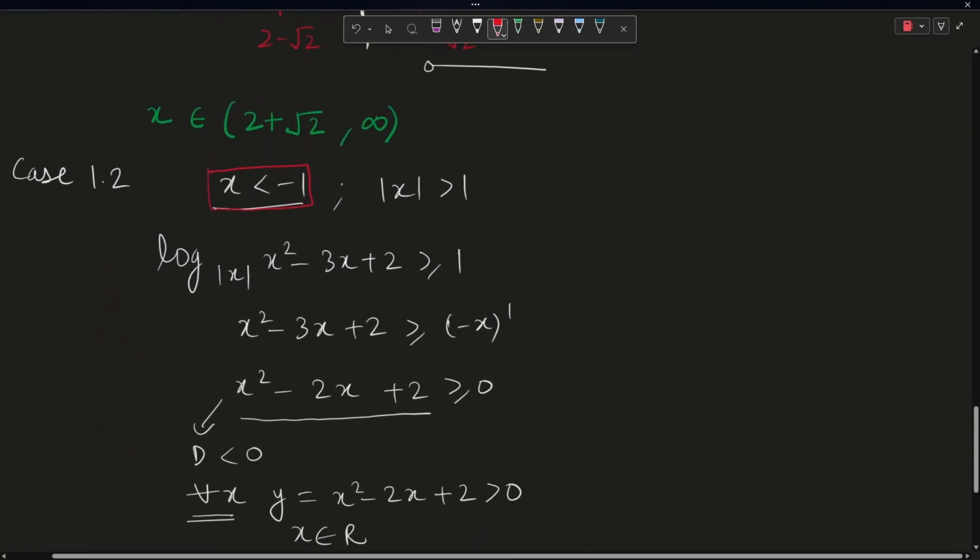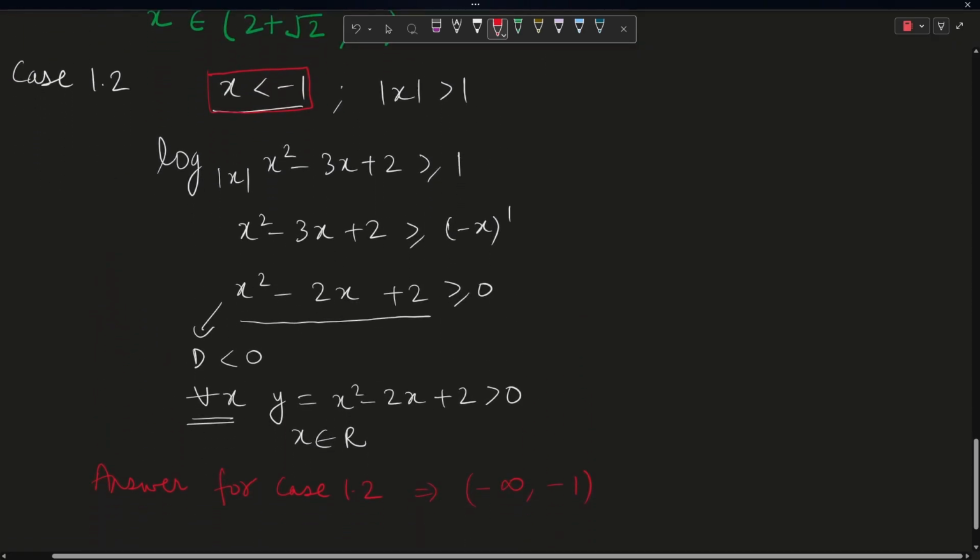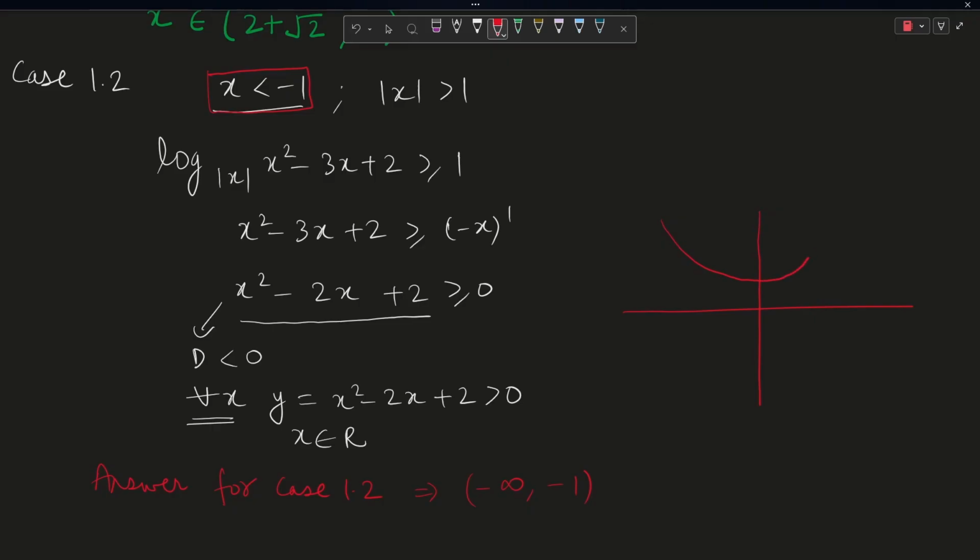I think this is understood because what I've done is, as x square minus 2x plus 2 is having the discriminant less than 0, the graph will be of such a manner that it will not cut the x-axis, but for every value of x, it will give the value of y.